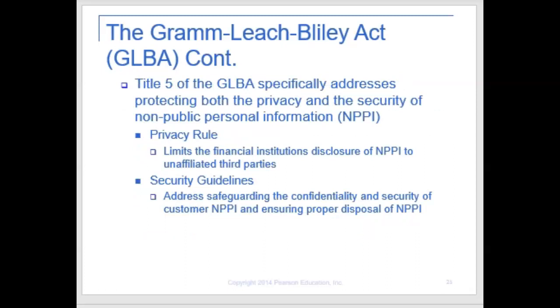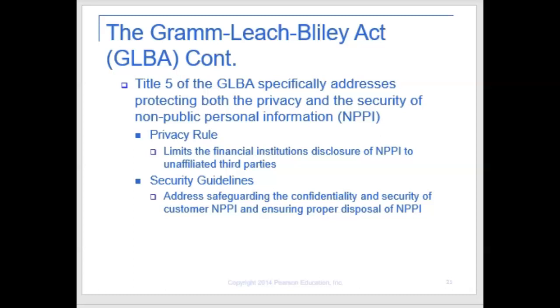Title V of the GLBA specifically addresses protecting both the privacy and security of NPPI, or non-public personal information. That has a privacy rule that limits the financial institution's disclosure of NPPI, like to a third party. So when you bring on a vendor as a financial institution, they are going to have some of your third party data.